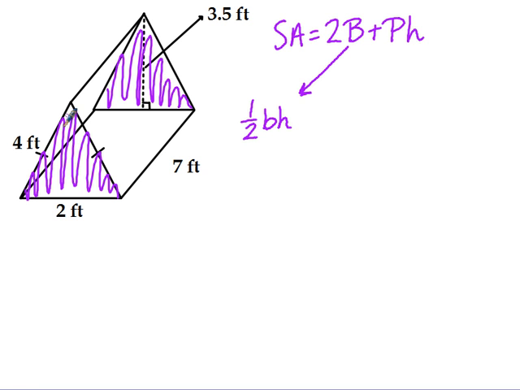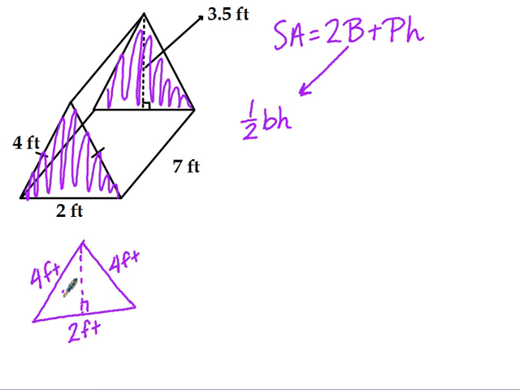So if I'm looking at this triangle, you can even redraw just that triangle if you want to. So this is 2 feet down here. I can see the markings that both of these sides are 4 feet. And then this distance is 3.5, and I get that from up here. So I'm just redrawing that triangle just so I can see the whole thing.